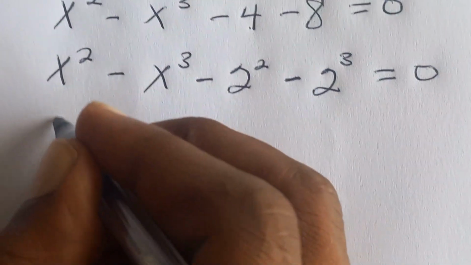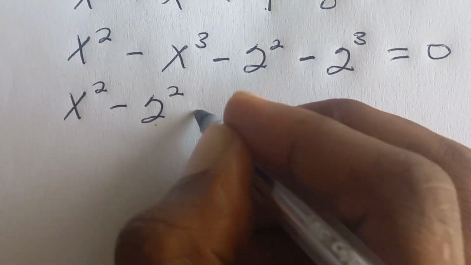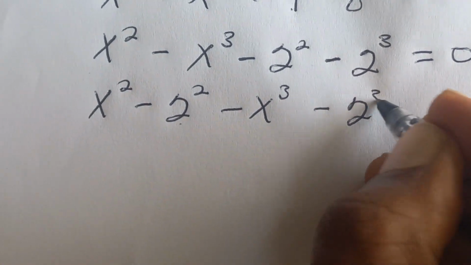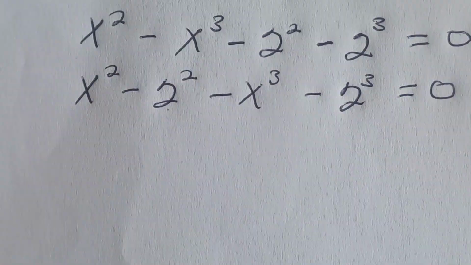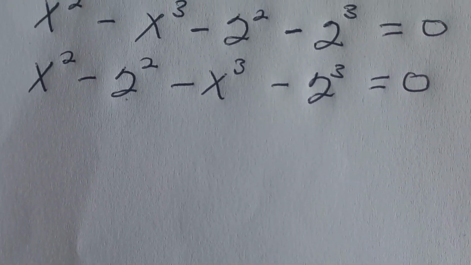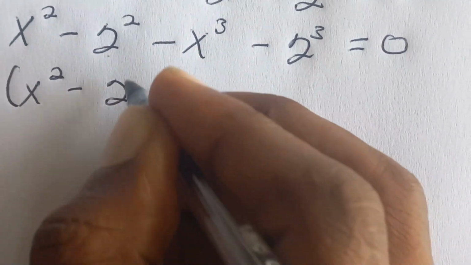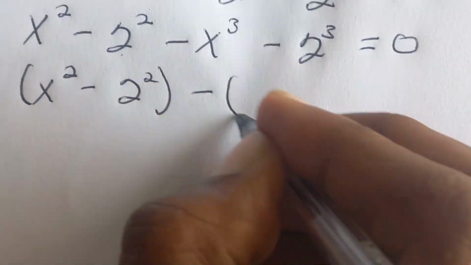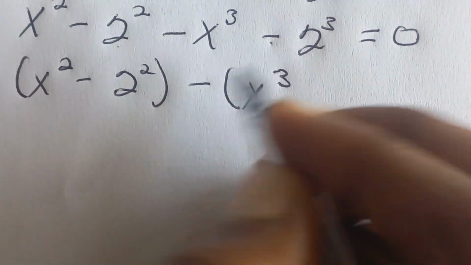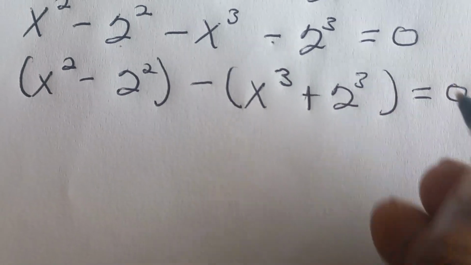Okay, so we have x squared minus 2 squared minus (x cubed minus 2 cubed) is equal to 0. Now, if I say bracket x squared minus 2 squared, minus bracket x cubed, and this minus 2 should be plus 2 cubed, which is equal to 0.